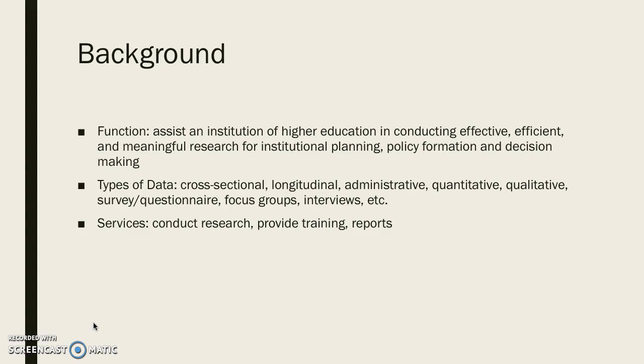Some of the data that you can find from this office are cross-sectional, which is like a short time span, or longitudinal, which is over a longer period of time, as well as administrative, meaning student contact information or data collected that's not regularly reported, such as a parent's highest education, as well as school data from where a student previously went.